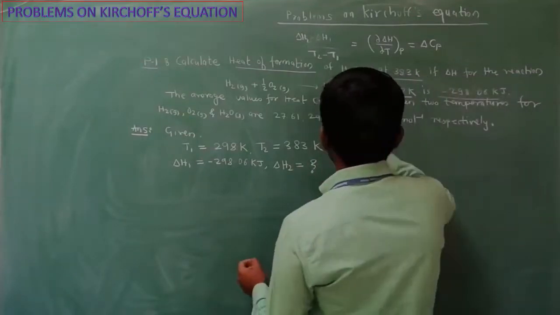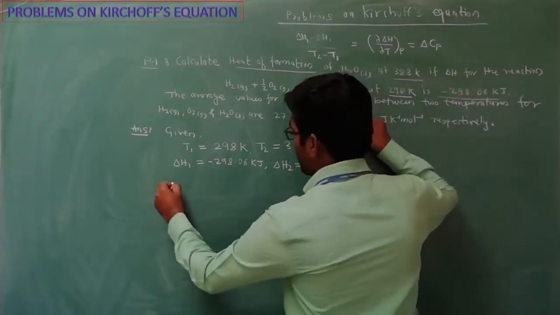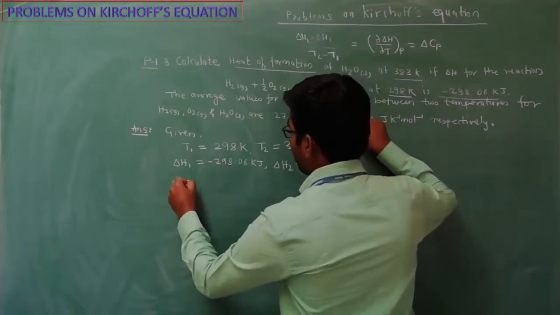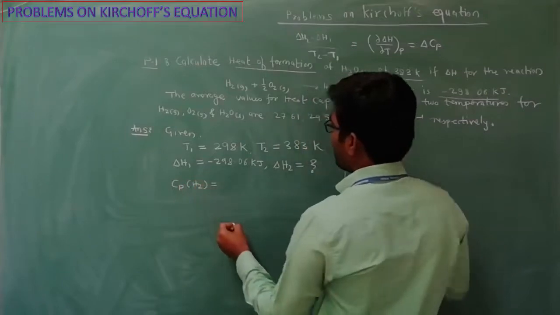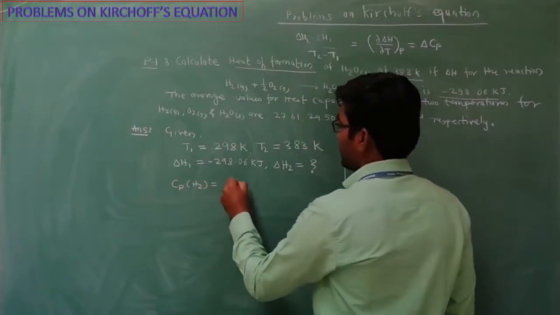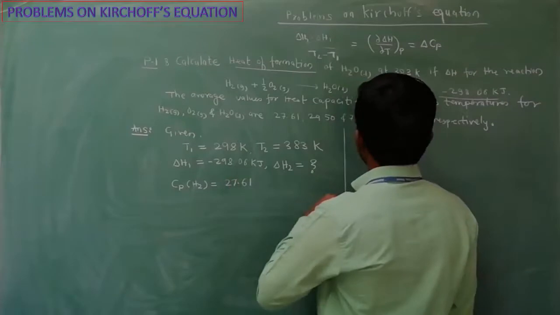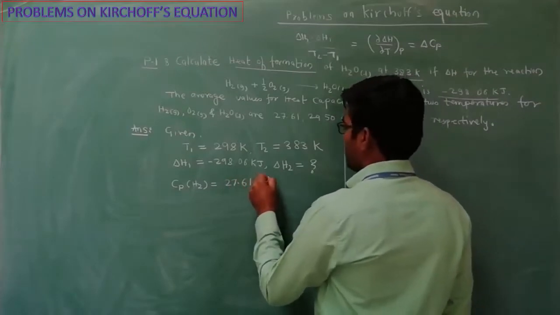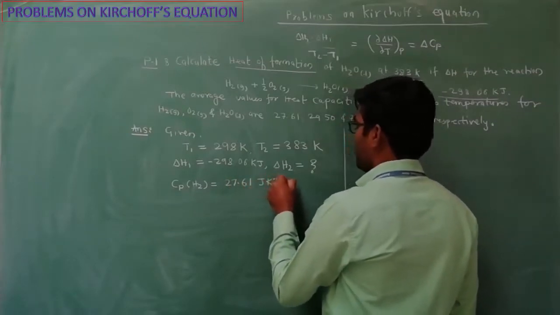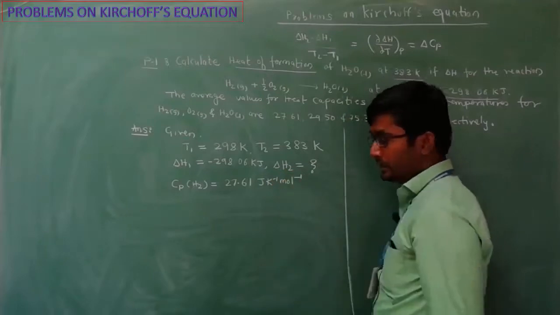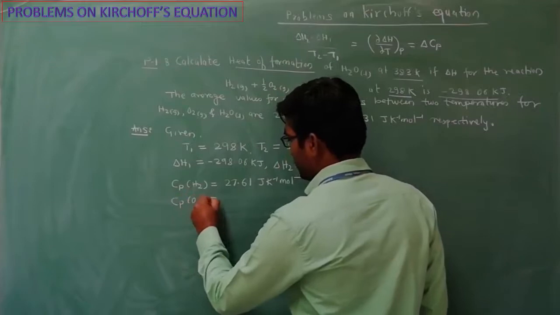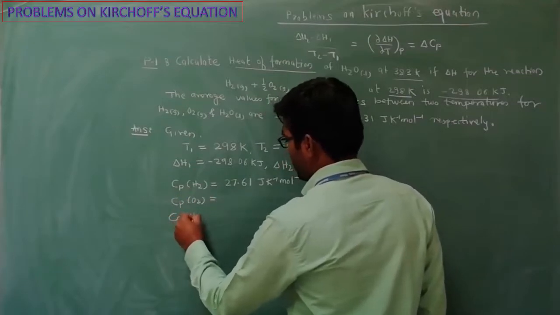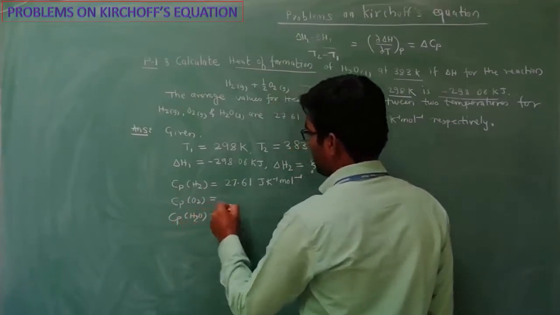Next, what quantities are given? Heat capacities, meaning Cp values. Cp value for H2 is equal to 27.61 joule per Kelvin per mole. Next, the heat capacities for oxygen and for water H2O are given.